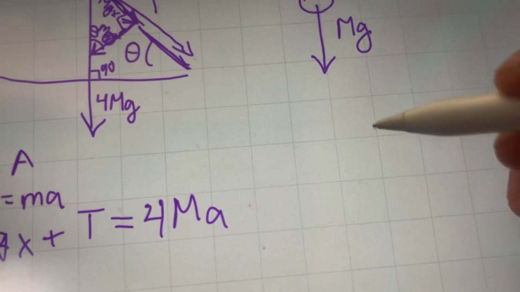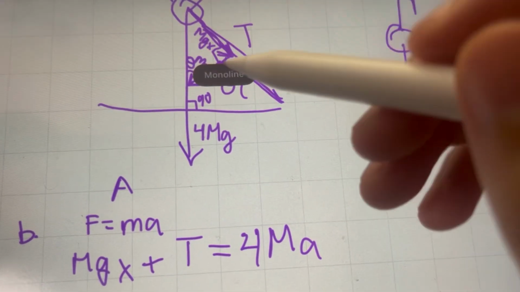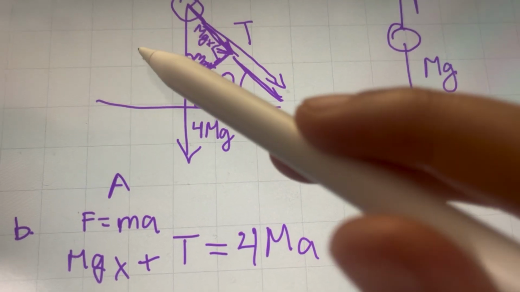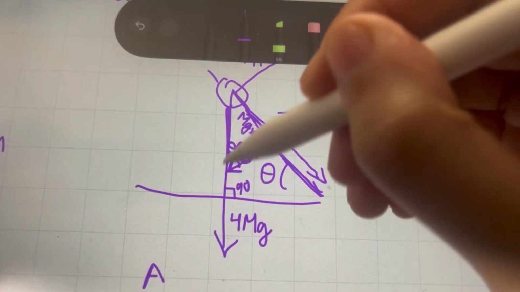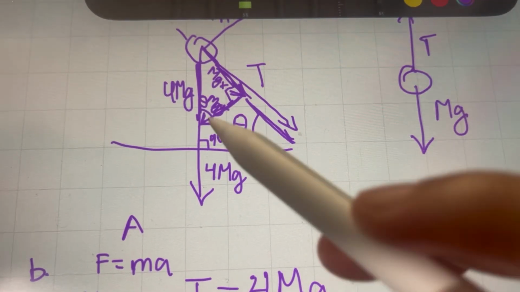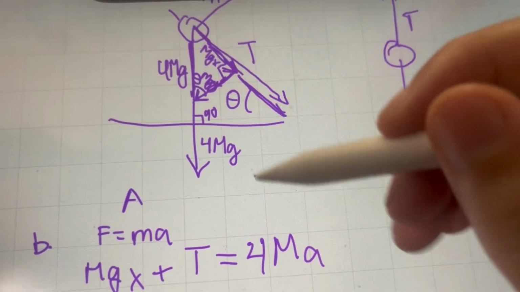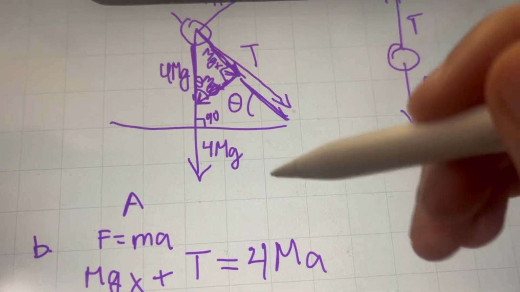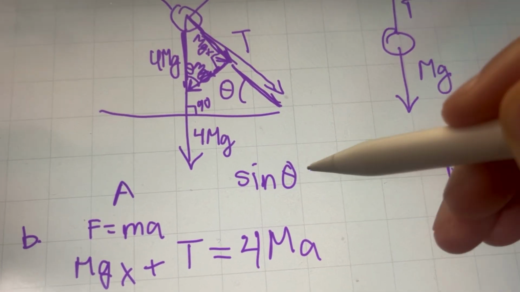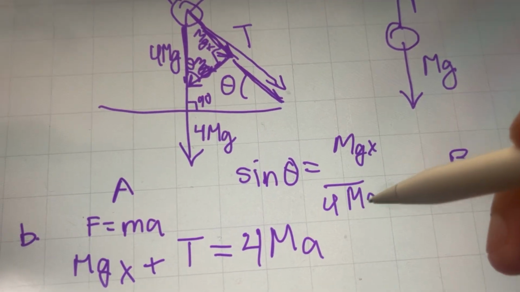Continuing. This is mgx, so if this is theta, and this line right here is still 4mg, it's the same line, then sine is equal to opposite over hypotenuse, so sine of theta would equal mgx over 4mg.